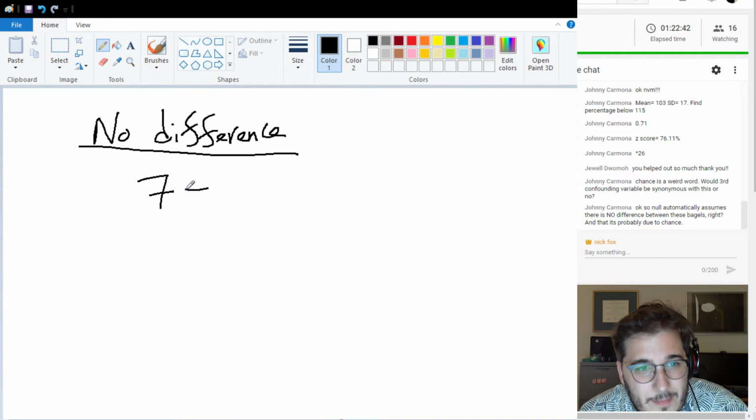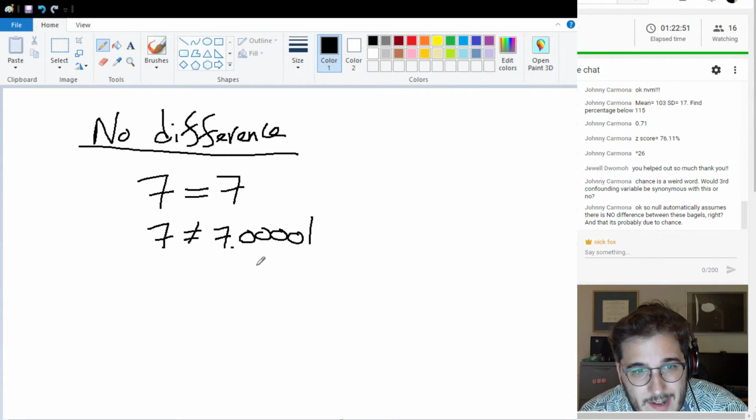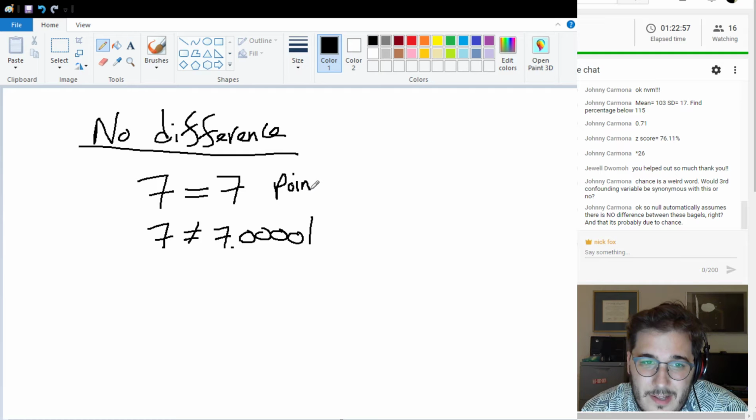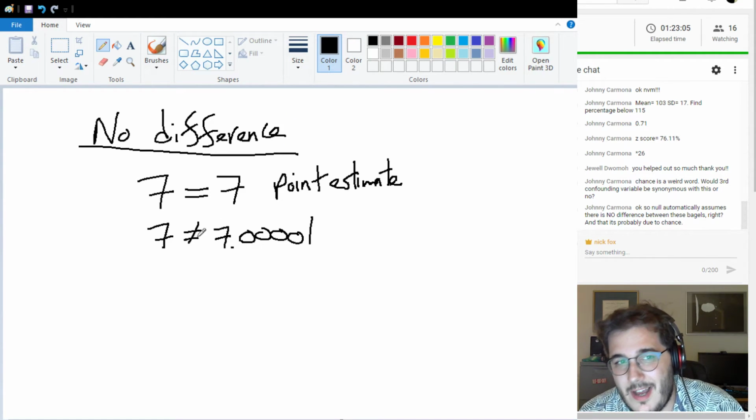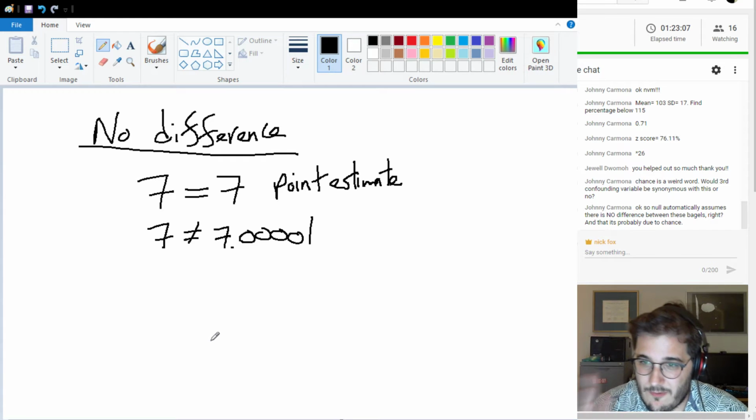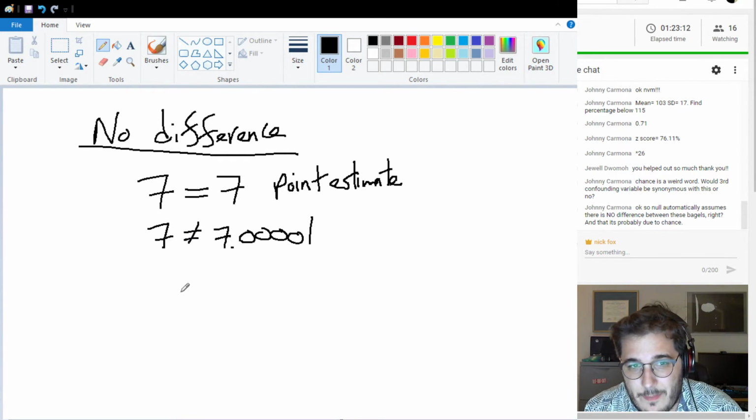So that 7 must equal 7. And if 7 does not equal 7.000001, then that's a difference, right? So this is a point estimate, it's called. Remember when you asked what's the point estimate of the population mean? It's just a sample mean, just one number, right? So typically you want to have some range within which a null hypothesis can exist. So that's based off the variance.